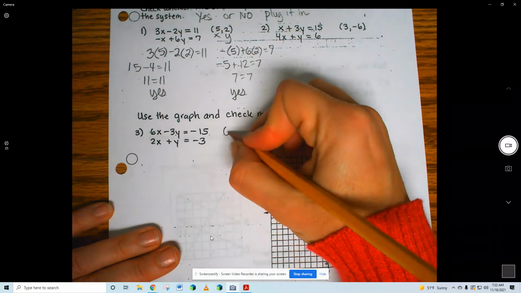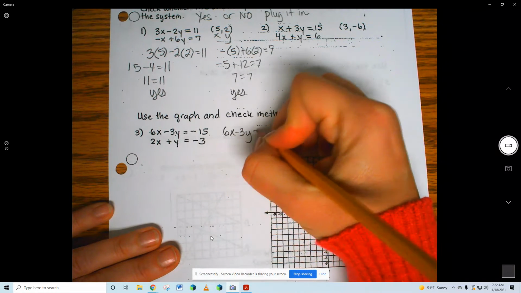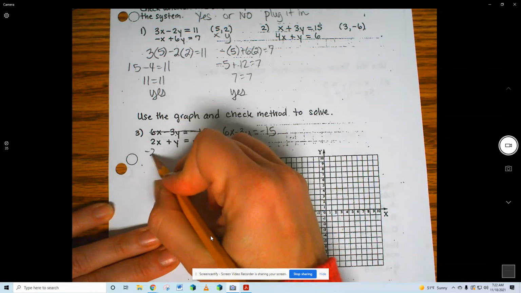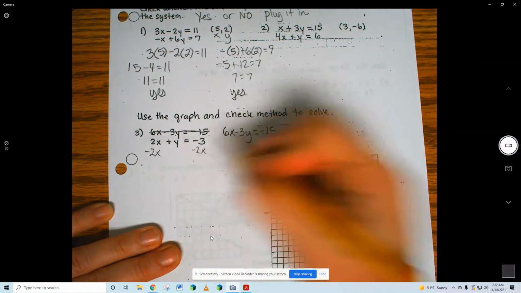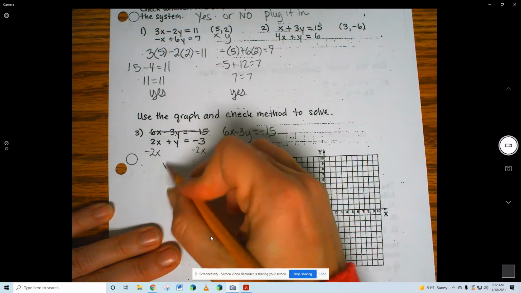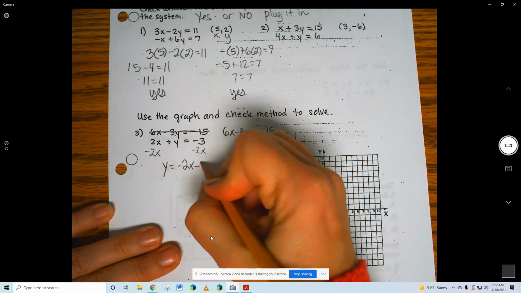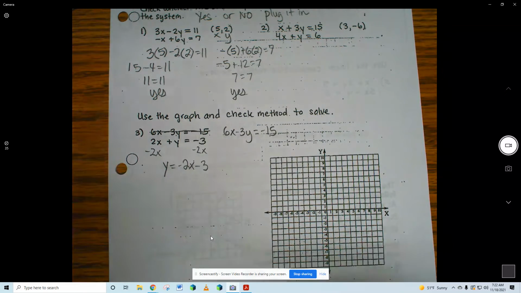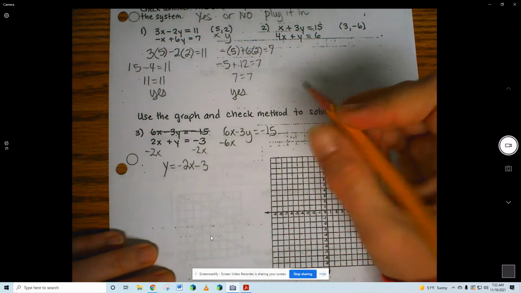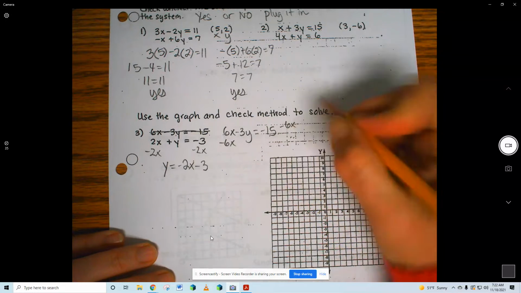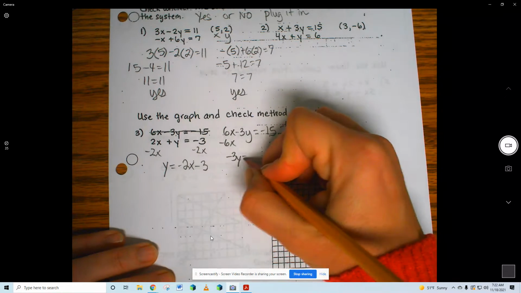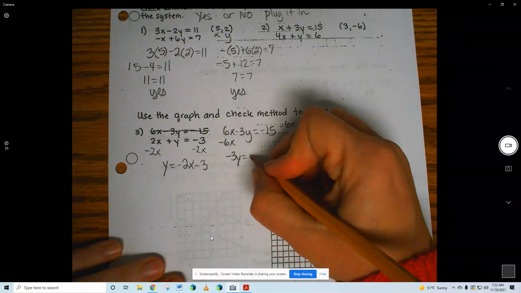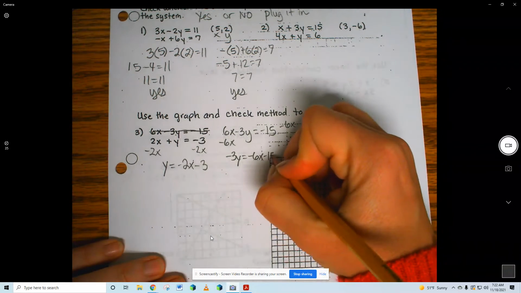So let me put this top equation right here so I have room to solve. Minus 2x, y equals negative 2x minus 3. And then, on the second equation, I'm going to minus 6x. Negative 3y equals negative 6x minus 15.